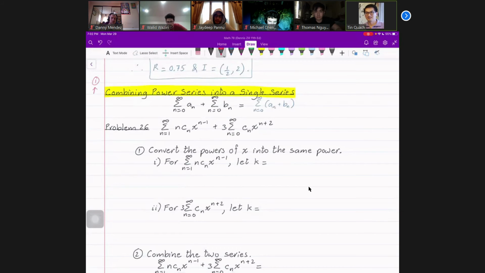So we want x to the k. So before we do that, first we need to go to each series right here and convert the exponent of x into k. All right, so here is the exponent of x. We want that to be k, okay? So we're gonna let that be k.